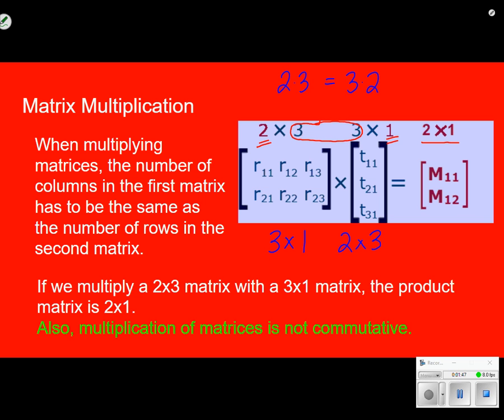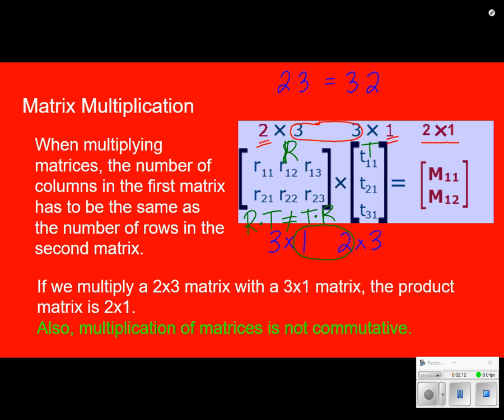Are those numbers the same? No, they're not. So if this is matrix R and this is matrix T, I can multiply R times T and be okay, but that is not the same as trying to multiply T times R. That's not going to work. So that's what I mean by the multiplication of matrices is not commutative.